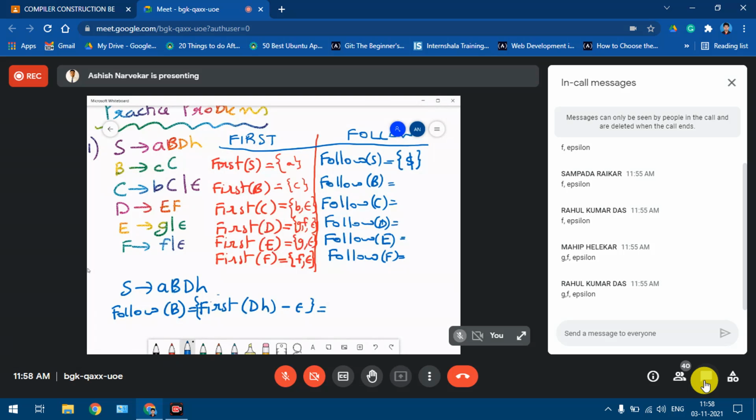First of DH will be nothing but, if you write it in the simpler form, first of D minus epsilon. After that, look at the first set of D. First set of D contains G, F and epsilon, correct?